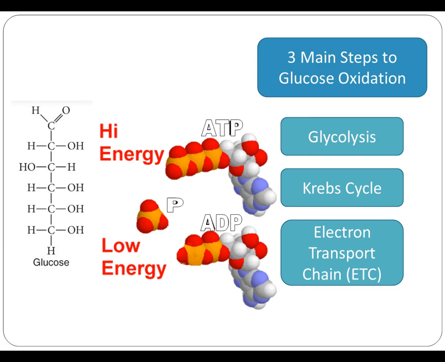And so we summarized glycolysis. We said this happens where? In the cytoplasm, and it splits glucose or sugars into two pyruvate molecules and releases how much ATP? 2 molecules of ATP and how much NADH? 2 molecules of NADH.